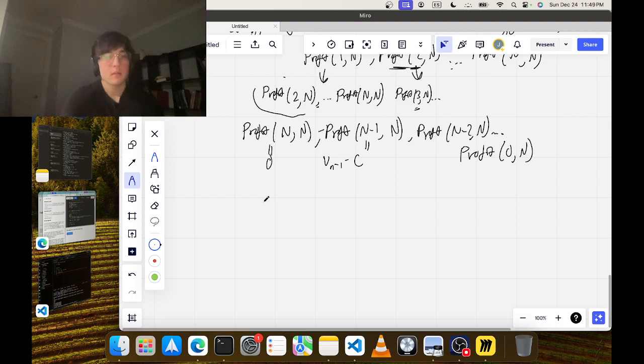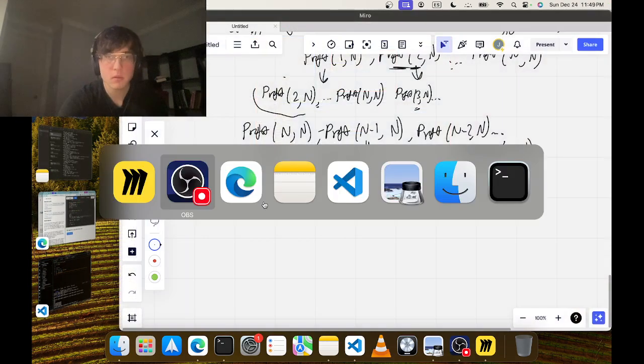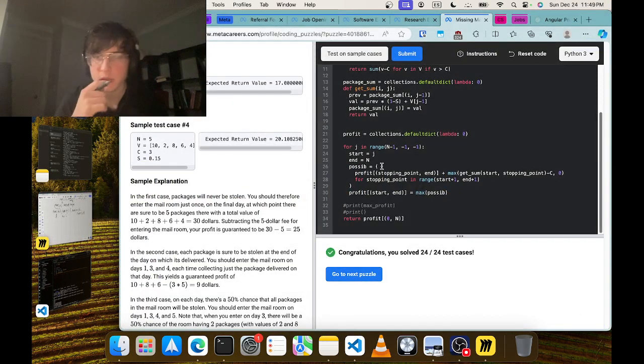So knowing all of this, let me look at my solution. Here is what I did. I defined something called a stopping point. I also made this more efficient.